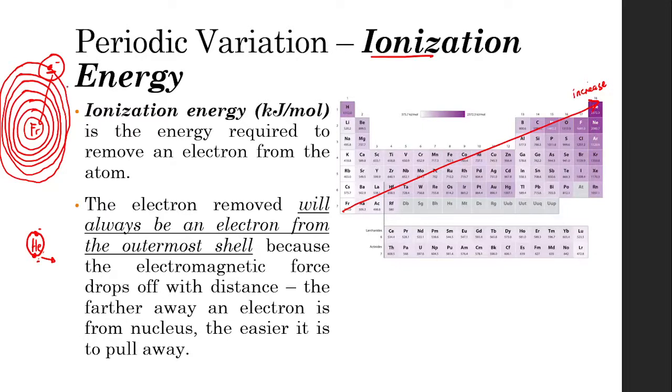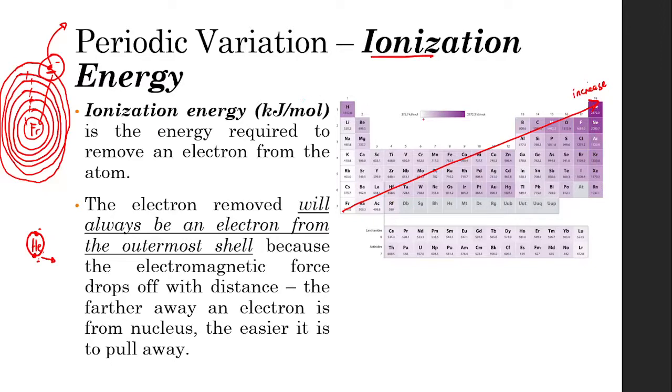And for francium, the electron that should be removed is the electron from its outermost shell. Since francium is really, really big, all of these shells right here are filled with electrons, and then its last electron is in this shell right here. Since it is so much farther from the nucleus of francium, this electron can be easily donated compared to helium.